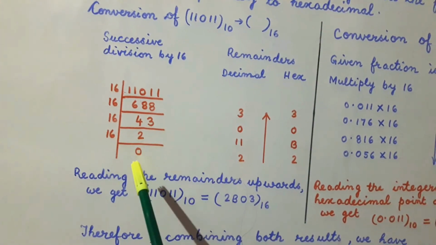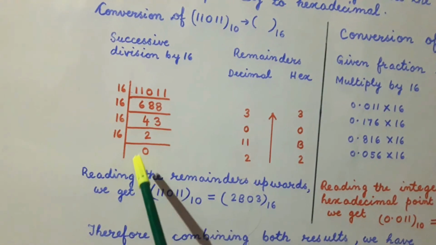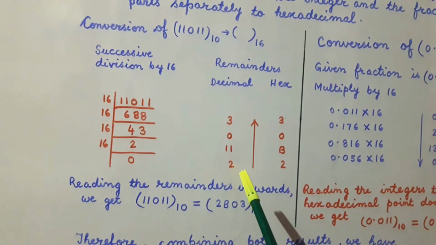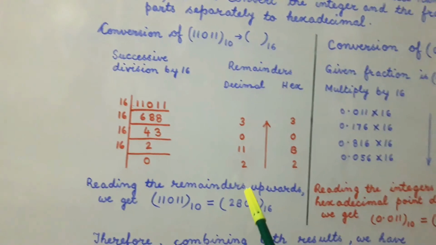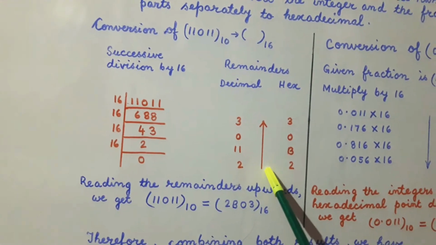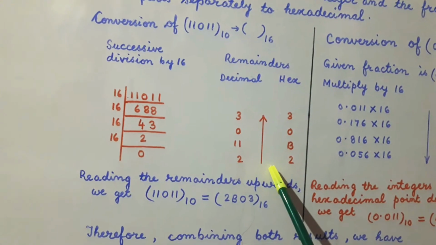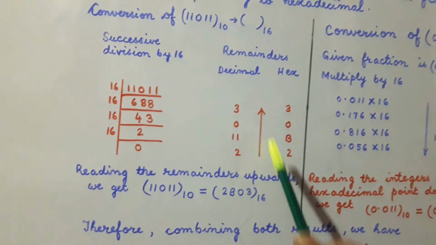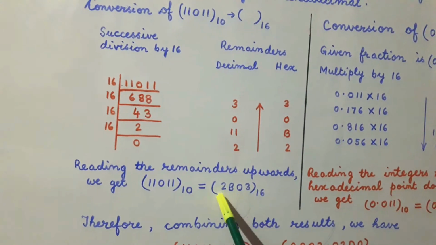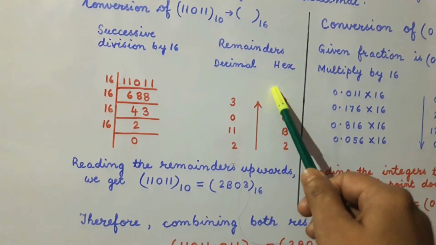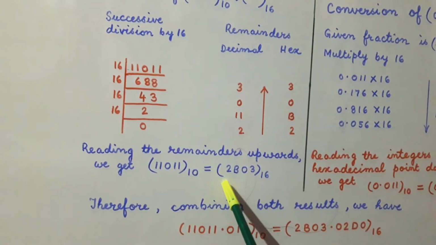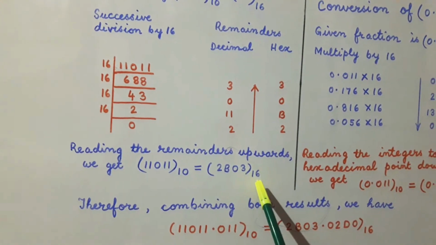Similarly, we will go on dividing the numbers till we get a 0 in the last term, and then we will read these remainders from down to up. So if we read them upwards, we will get the answer as 2B03, that is, 11011 in decimal will be equal to 2B03 in hexadecimal.